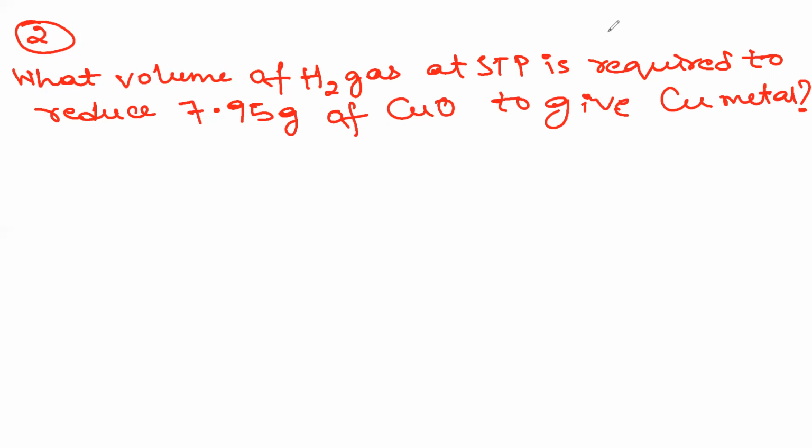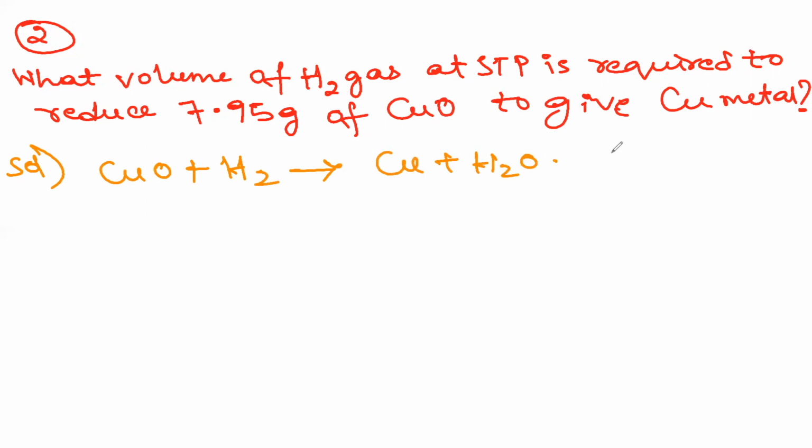So we can write the equation: CuO plus H2 gives Cu plus H2O. We can see 1 mole of cupric oxide on reaction with 1 mole of hydrogen gas at STP gives 1 mole of copper and 1 mole of water.